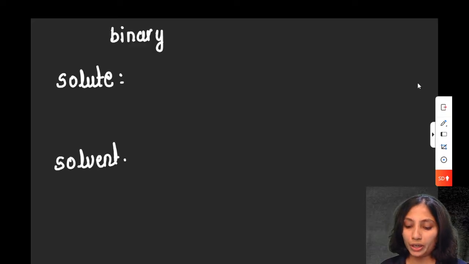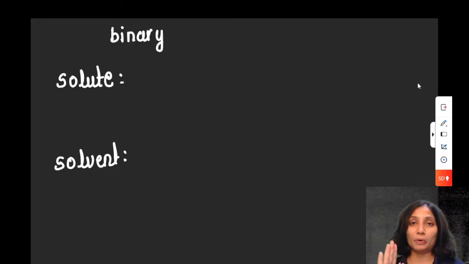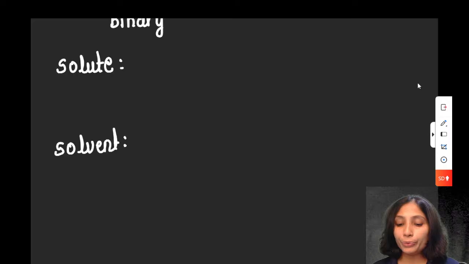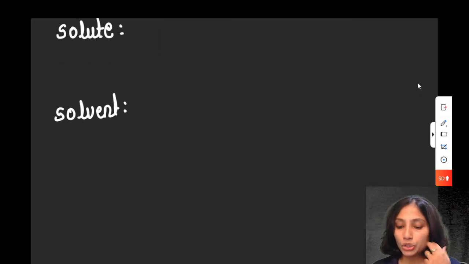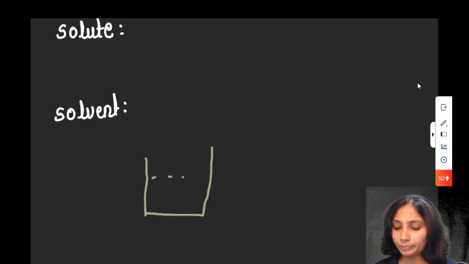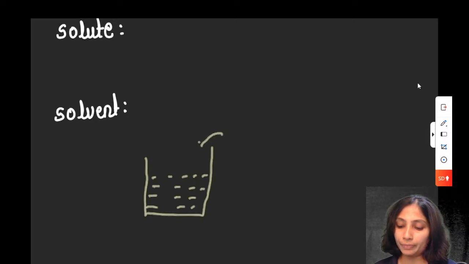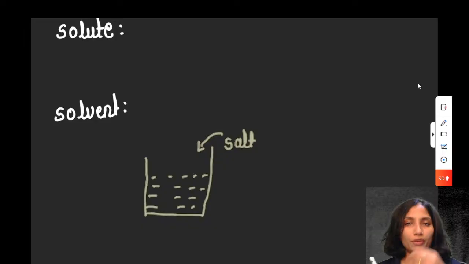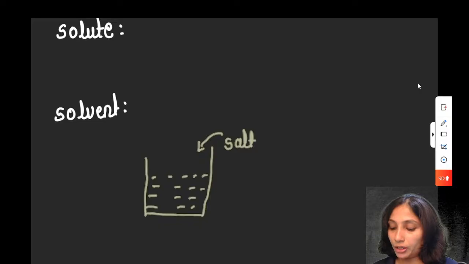What is this solute now? Imagine I'm preparing salt water. How do we prepare salt water? Salt will be taken and added to water. Take a glass of water and add salt to it. You can add 2 grams of salt, 3 grams of salt, or 1 tablespoon of salt. Now here, among salt and water, what are we mixing?